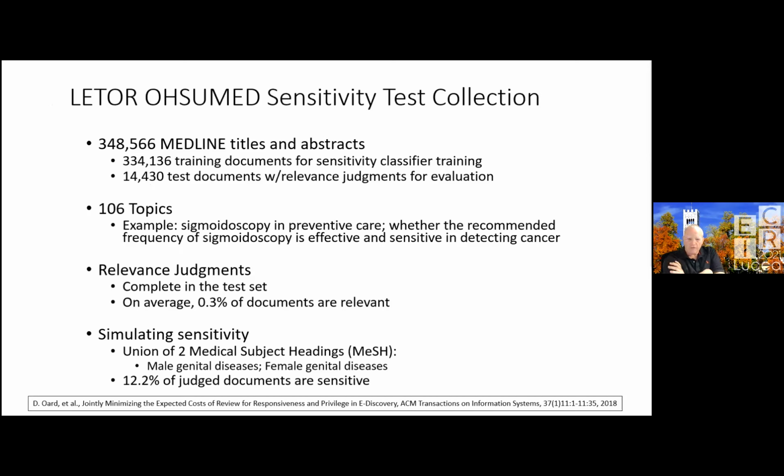So just to get us started, this is a test collection that in some joint work with Fabrizio Sebastiani, we did, in which we were going to simulate sensitivity. So this is a test collection that you can have. And the reason you can have it is there's nothing sensitive in this test collection. This is a bunch of medical journal articles.